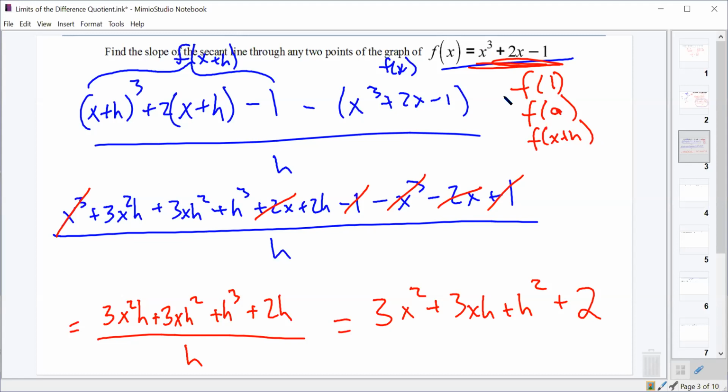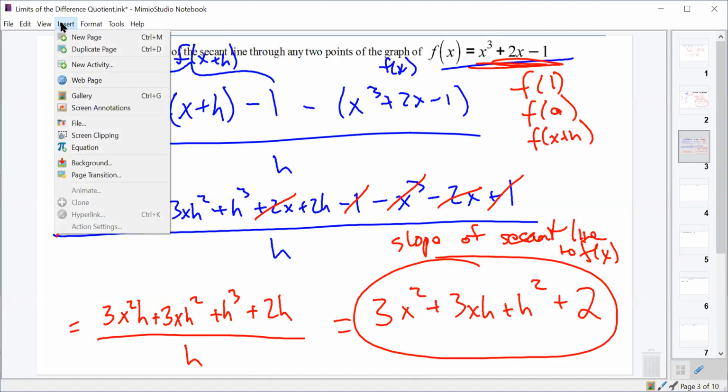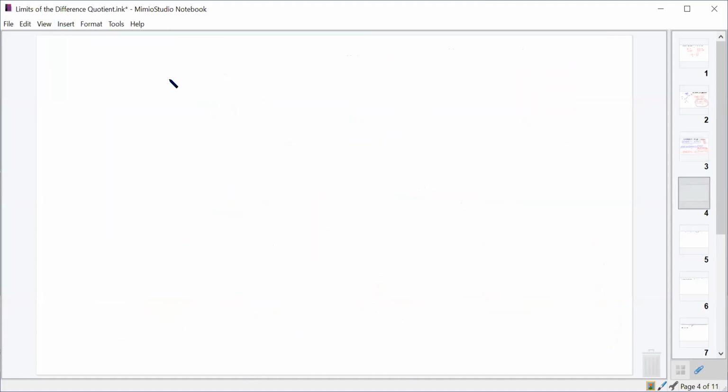Cool. All right, so this formula that we got represents the slope of the secant line to f of x. Let's first pick a couple of x values. Let's pick a simple one like x equals -1 and how about x equals 2. Let's see if we can find the slope of the line that goes through the points x equals -1 and x equals 2 on that graph.